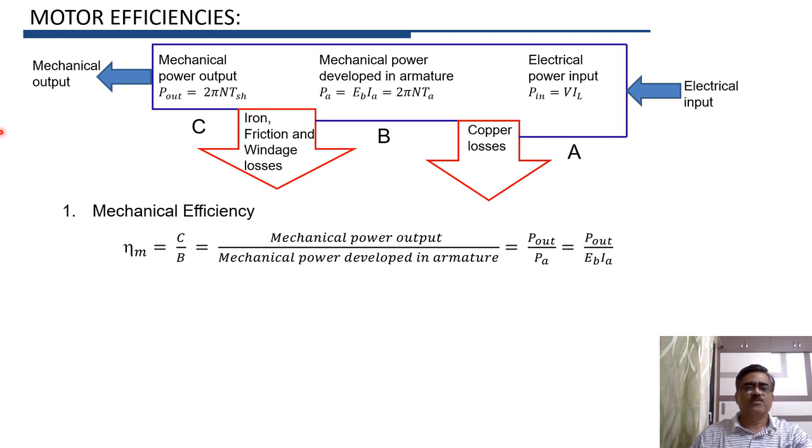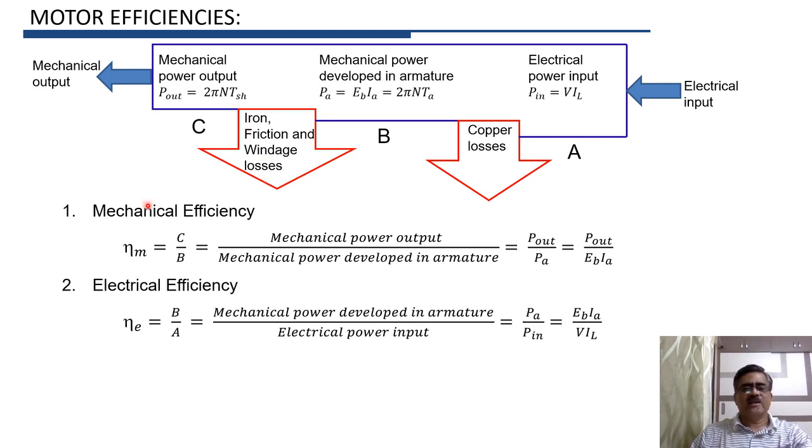So in case of motor, mechanical efficiency is the ratio of C to B, that is mechanical power output divided by mechanical power developed in armature, that is P out divided by PA, and PA is EB into IA, and therefore mechanical efficiency is equal to P out divided by EBIA. So this efficiency depends on friction and windage losses.